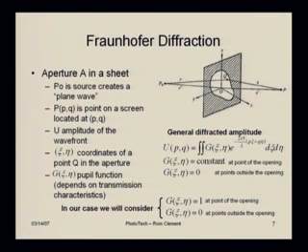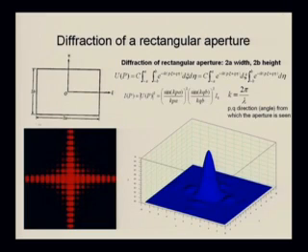In our case, we will consider that this pupil function is equal to 1 when we're inside the opening and equal to 0 outside. The first example, which is done very often because it can be computed by hand, is just a rectangular aperture, with width 2A and height 2B.